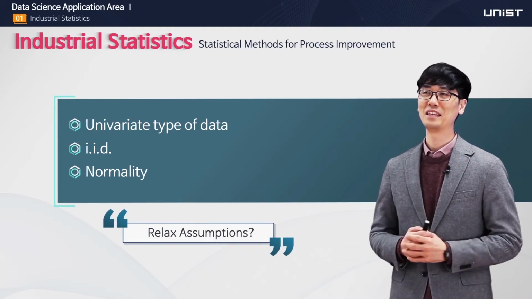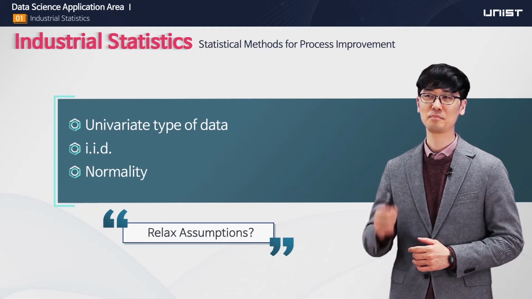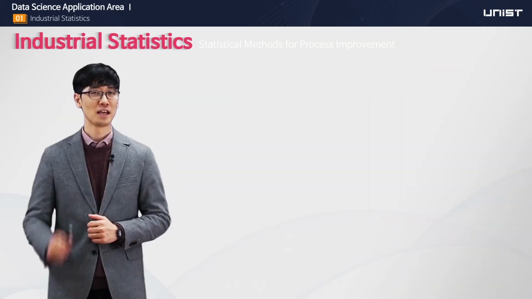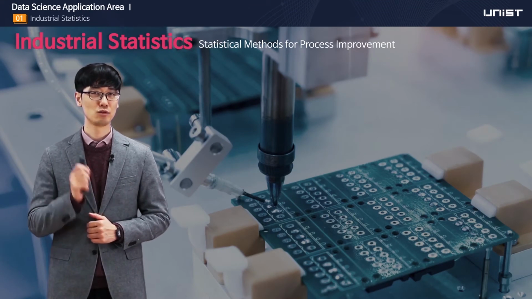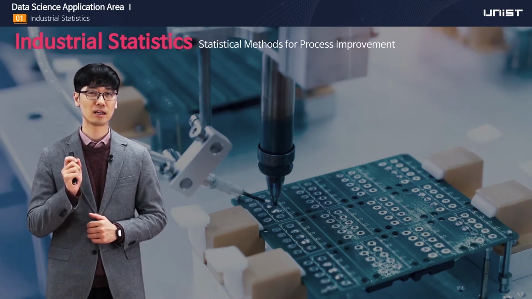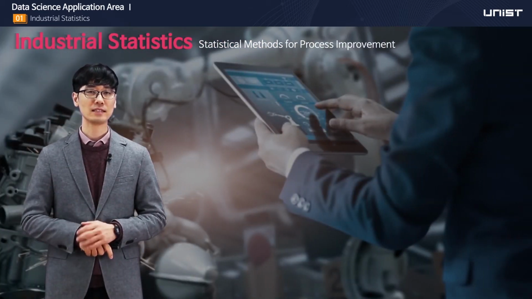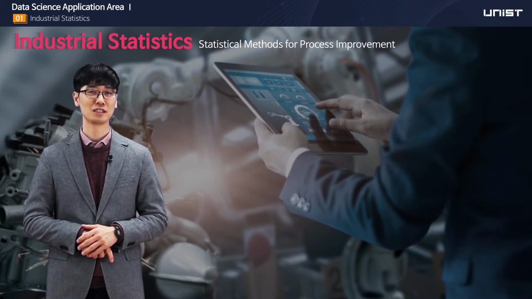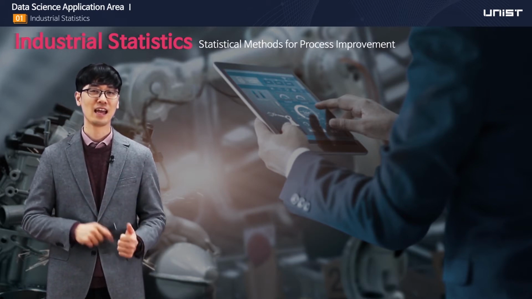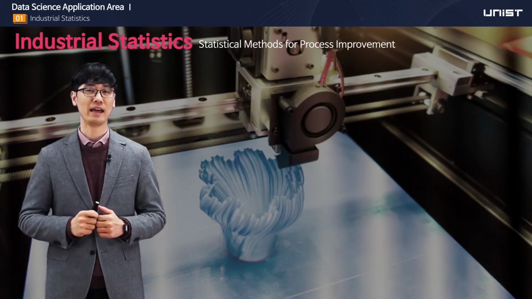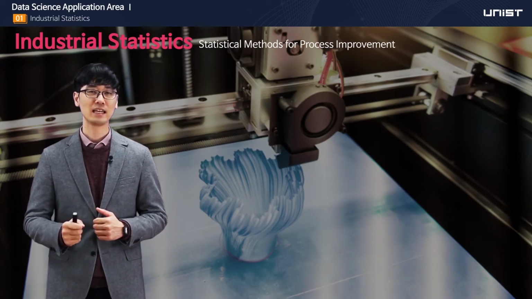Of course, we may need to consider more complicated but realistic settings by relaxing those assumptions. This is very important because today, the shape of data becomes complex as processes get complicated.